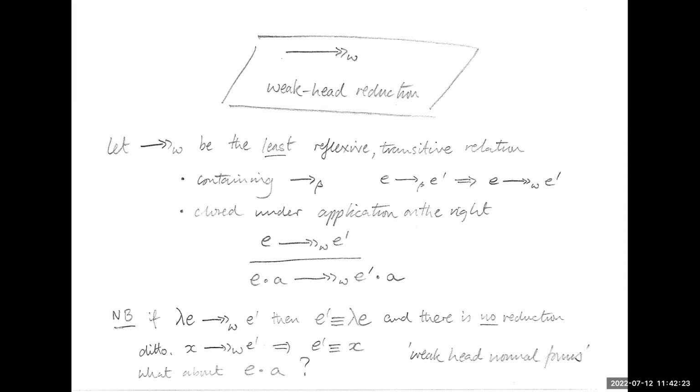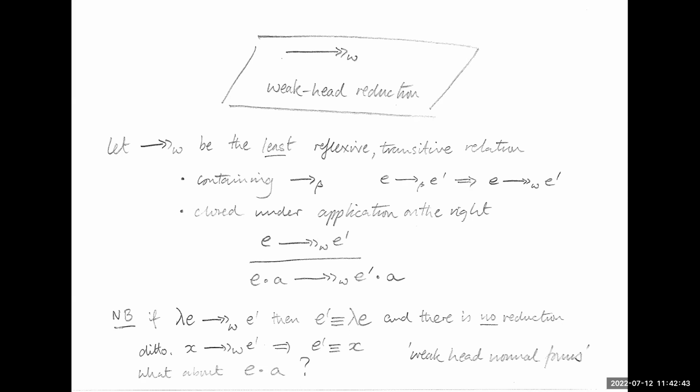If I have an instance of this relation, then E prime is equal to lambda E, but also no redexes were contracted. And correspondingly, if X reduces to E prime, then E prime was X and no reduction took place. So we say that those two things are weak head normal forms.